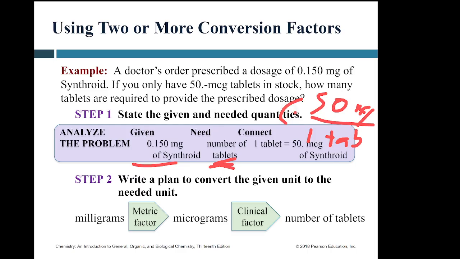This right here, isn't it? But it's not the right way, is it? I want to end in tablets because tablets is on the bottom. So I need to flip that. 1 tablet is 50 micrograms.